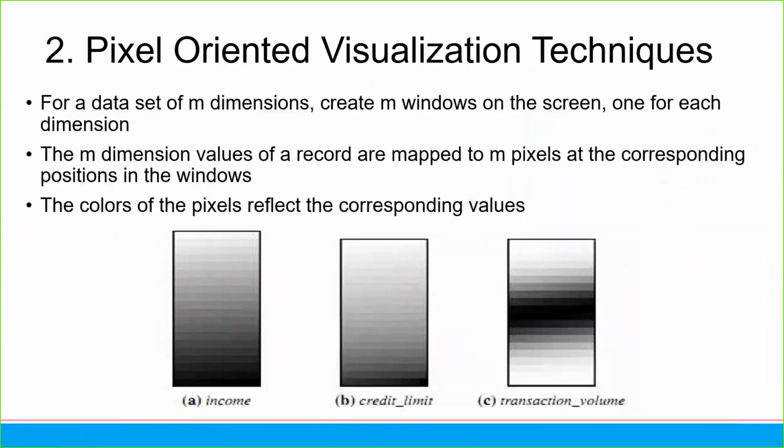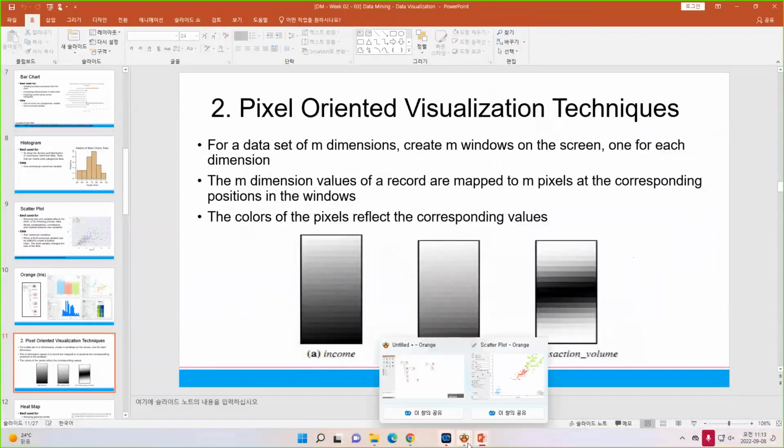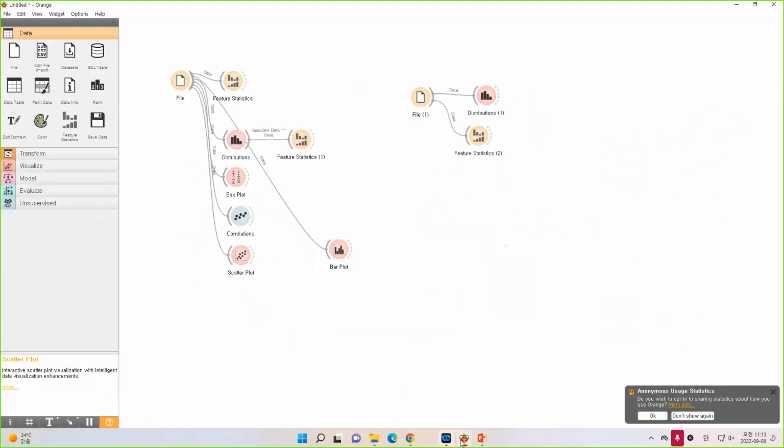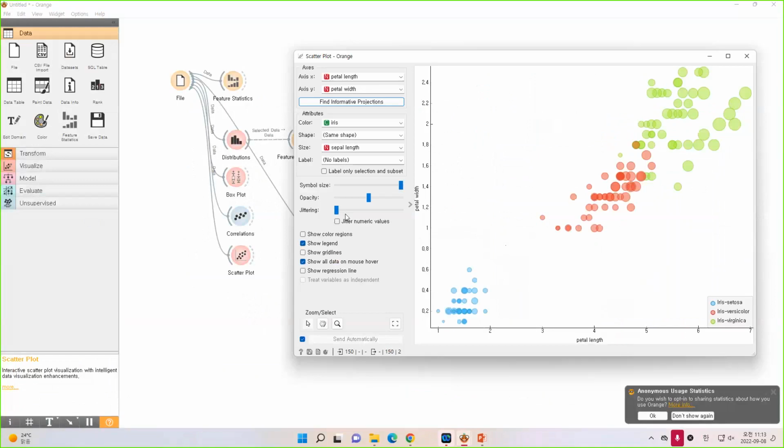We have the pixel-oriented visualization. What is the meaning of pixel? Usually we can make the visualization in terms of colors. What I just explained to you in the scatter plot, we can make a different color.